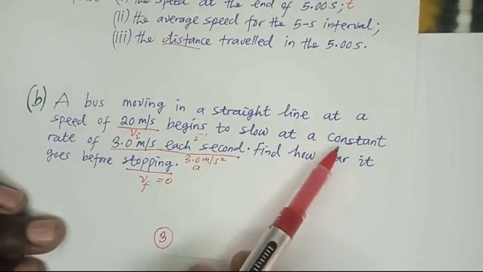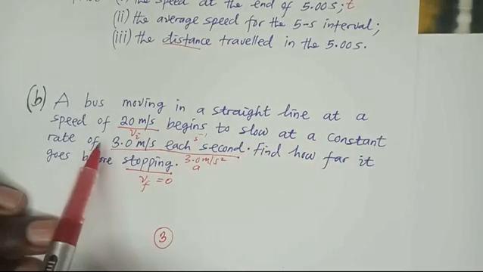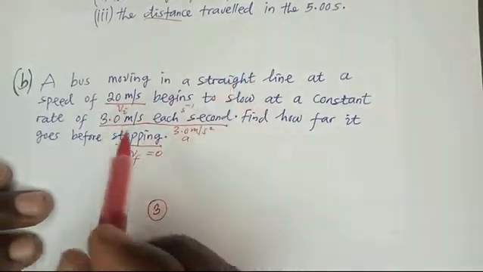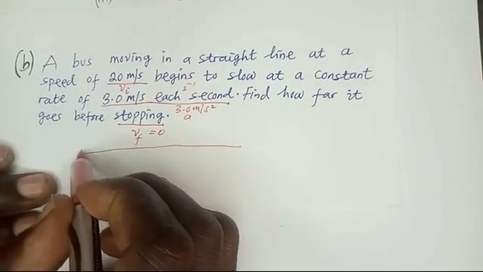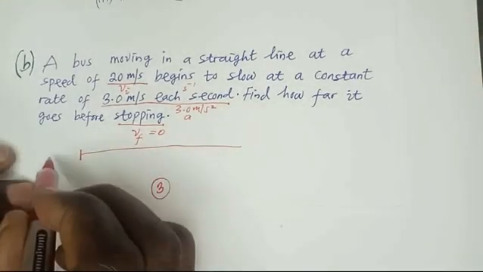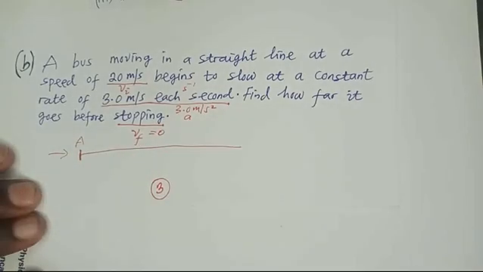It is telling you that the bus slows down at this rate, meaning let me illustrate that. Let's say this is the point A. When the bus reaches this point, it begins to slow down.